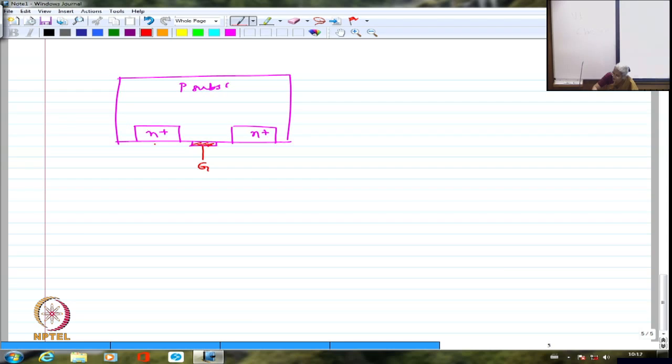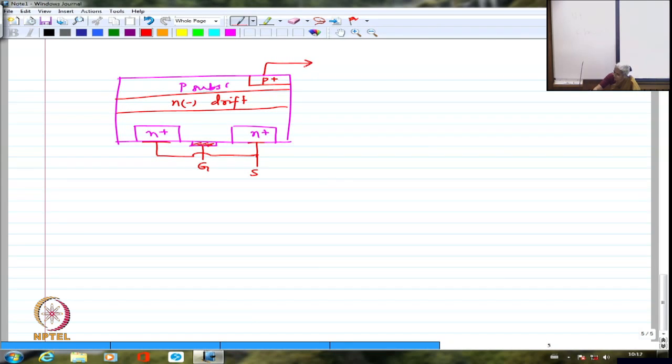This is connected with this, and it forms the source. Right? In between there will be a drift region as well. So we will just have minimal deposition of N minus layer. So this is essentially the drift region, and I will have excess deposit of P plus here, which we call ultimately as D.